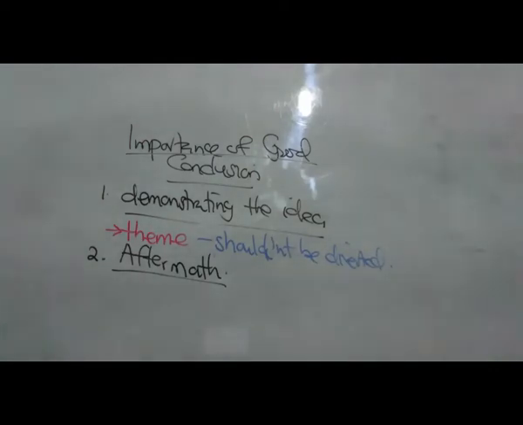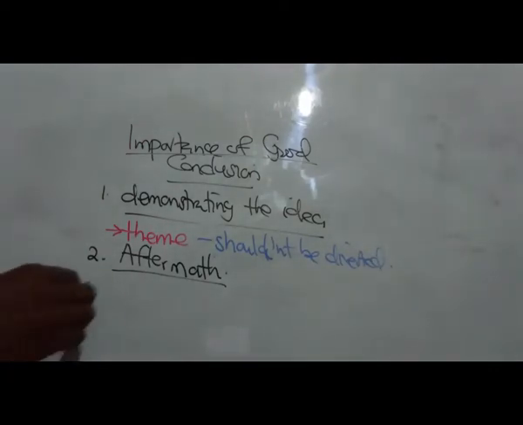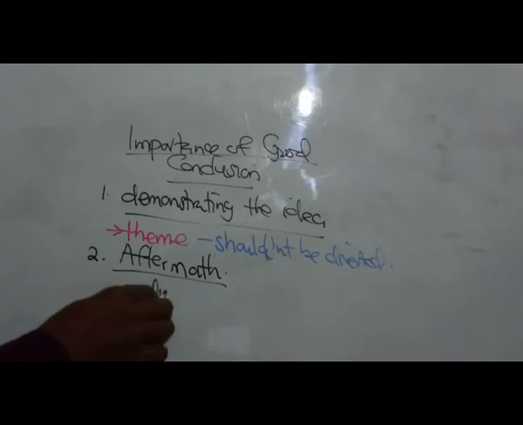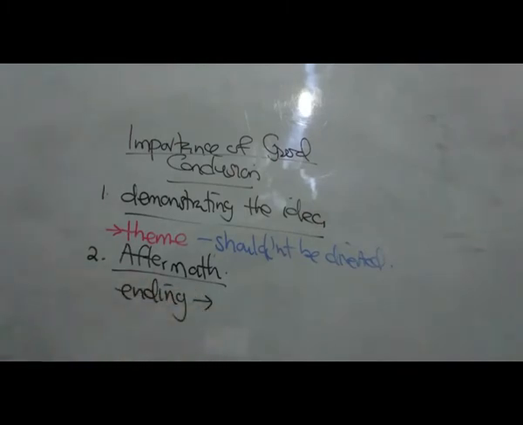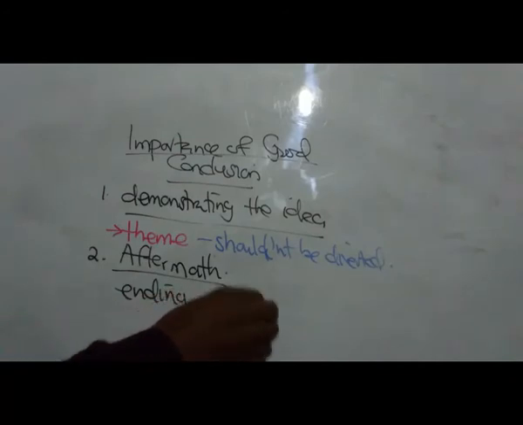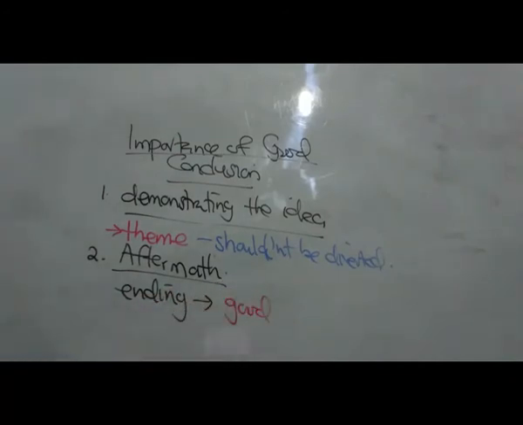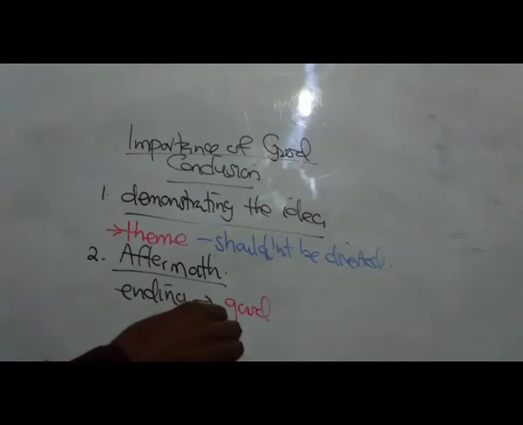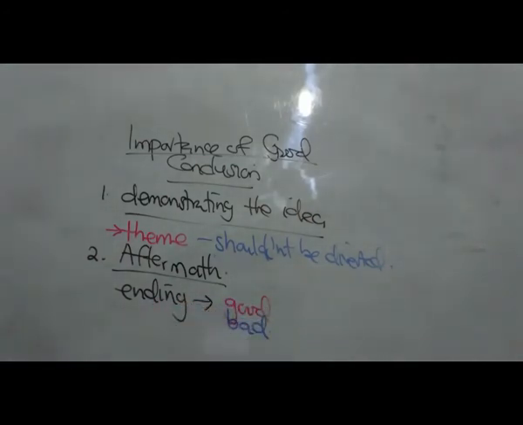So the ending, the aftermath, how does it end? Is it a good ending or is it a bad ending? This is important for the reader to know. Was it a somber ending or a joyous ending? Maybe it ended in tears or sorrow.